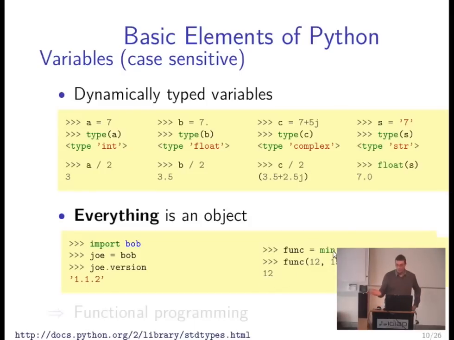This will actually be the min function. What is interesting about that is that this leads to functional programming, that functional programming is an integrated part of Python, which is very hard to do in most other programming languages.